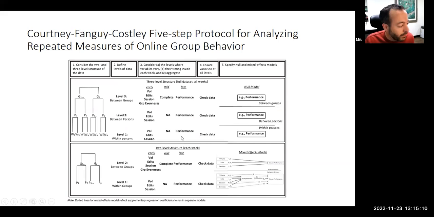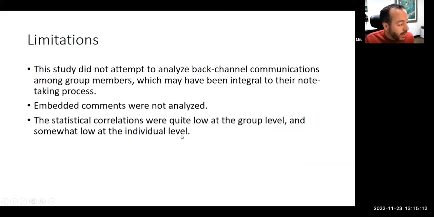I won't have time to go through that now, but I will say a couple of words about limitations. This study did not examine back channel communications that students may have engaged in. In other words, if they were calling each other on the phone or texting outside of the Google Docs suite, or maybe they were meeting in person, we don't know.